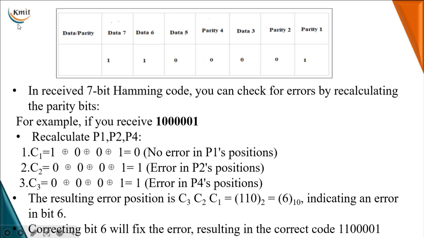Now the encoded 7-bit Hamming code, after replacing parity 1 with 1, parity 2 with 0, parity 4 with 0, is my 7-bit Hamming code, which is used for detecting errors. So which is 110001.